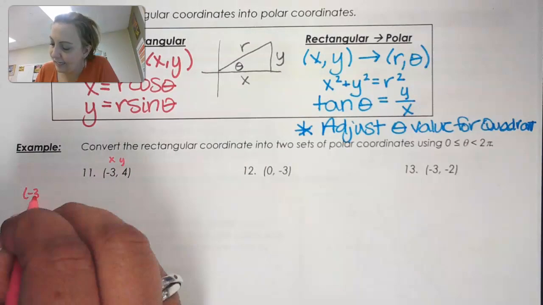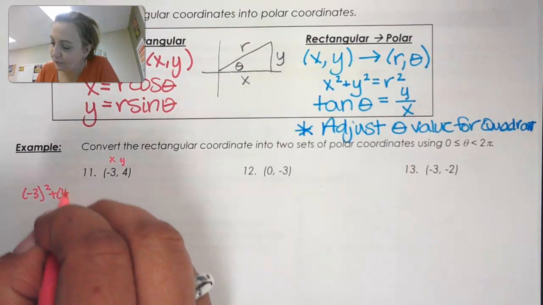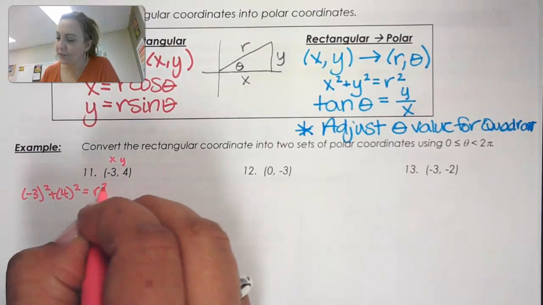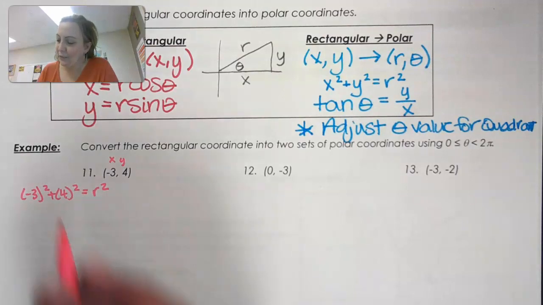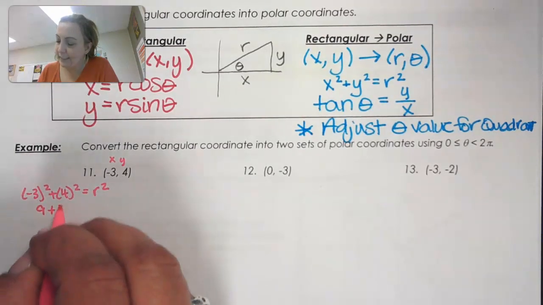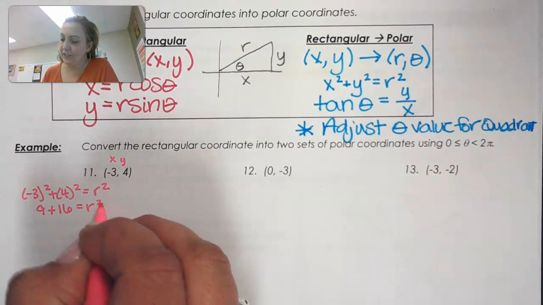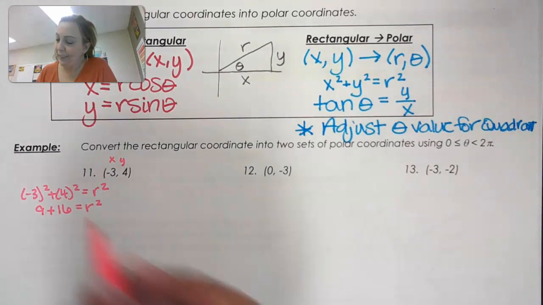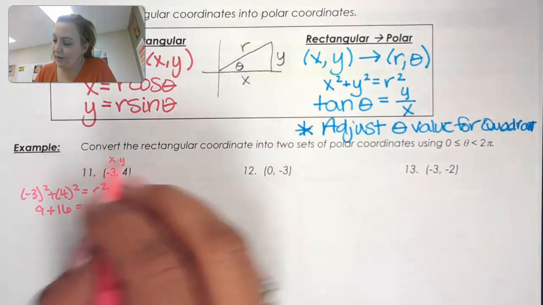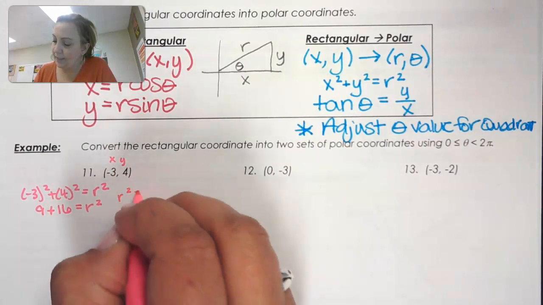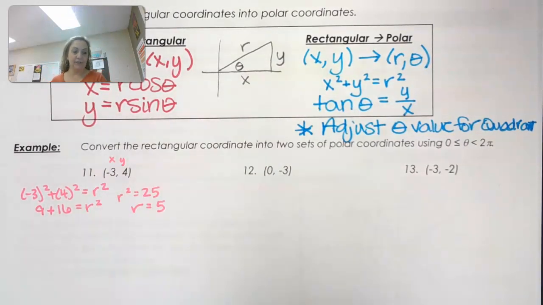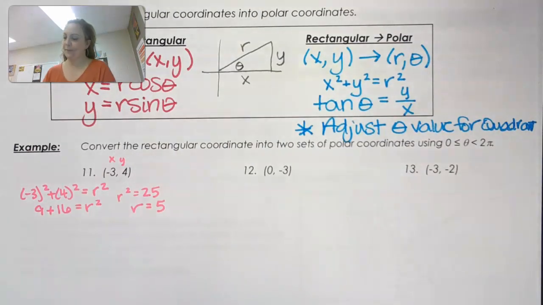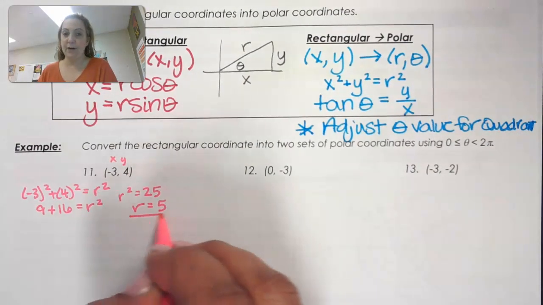So we could take -3 squared plus 4 squared equals r squared. We can probably tell what that's going to be. So we know that 9 plus 16 is going to be r squared. We can see that r squared is going to be 25. So we're going to use r equals 5. Okay? So that's going to be part of the puzzle.